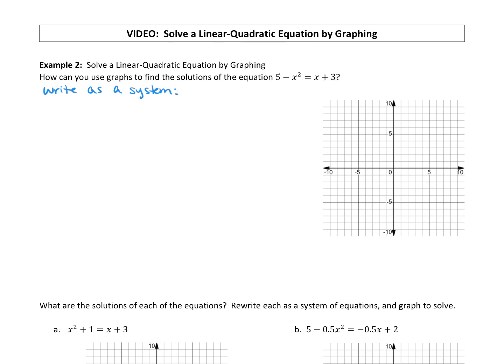What that looks like on a graph is where those two intersect. So all we're going to do is split it up. We're going to take the left side of our equal sign and create a function out of that, y equals 5 minus x squared. And then we're going to take the right side of our equal sign and write an equation out of that, y equals x plus 3.